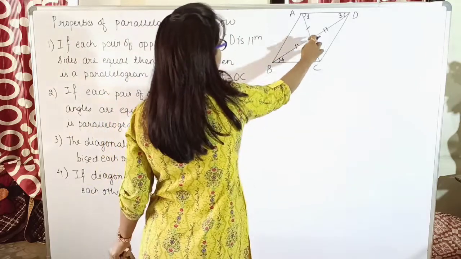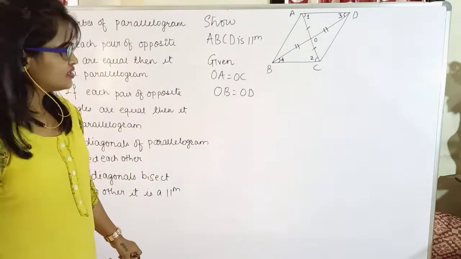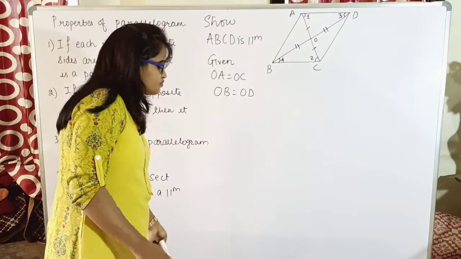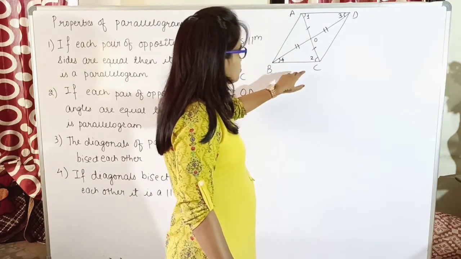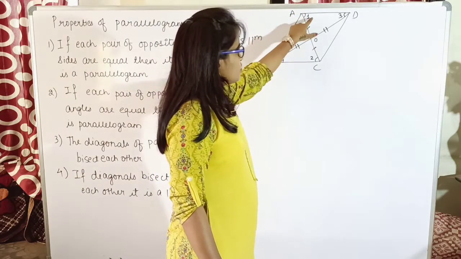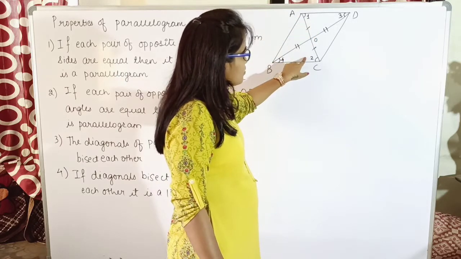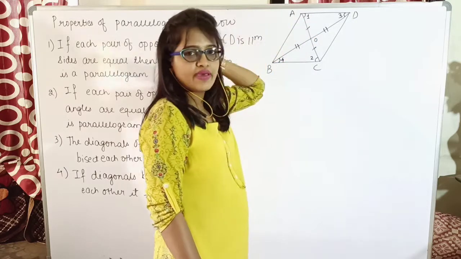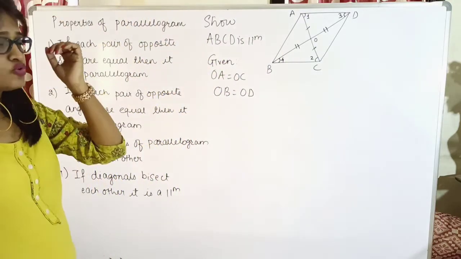Now OA is equal to OC, whereas OB is equal to OD, isn't it? Right? In our previous proof, since the two lines were parallel, I had shown that the angles were equal. Now here, if I show the angles are equal, can I say that the two sides are parallel? Yes, I can, isn't it? So let us proceed that way.